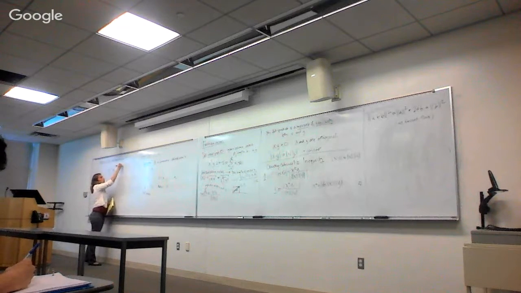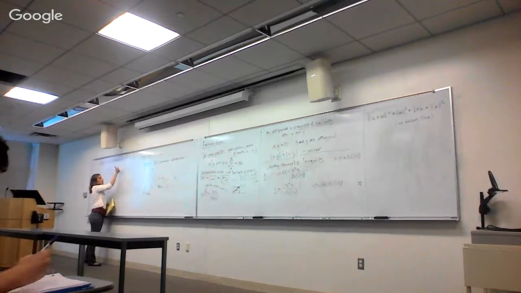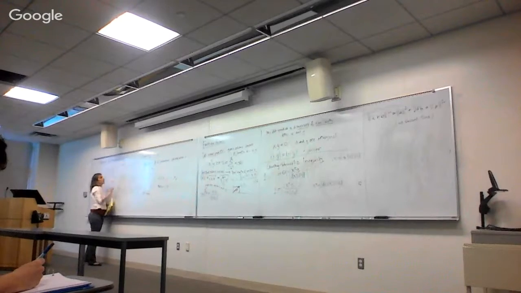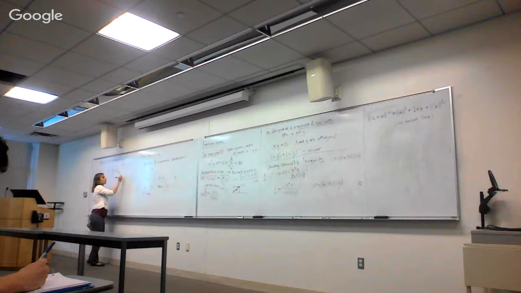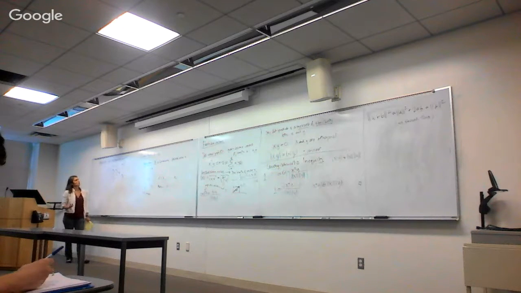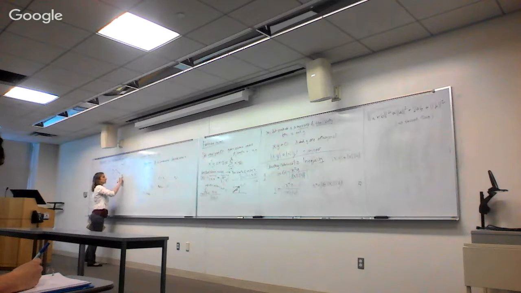There's d columns, so this element is in the first row and the dth column. On the diagonal, we're going to have these elements where the subscripts match, etc., and then we're going to have dd here.